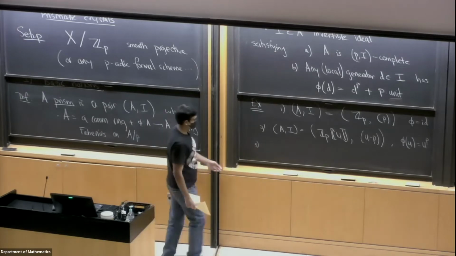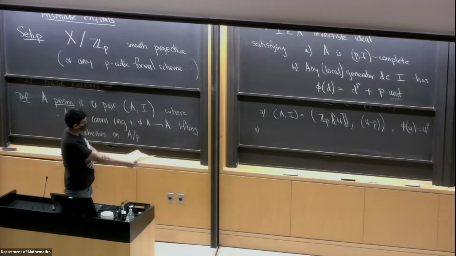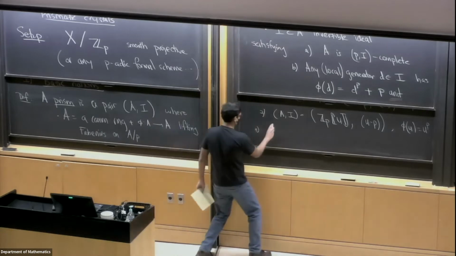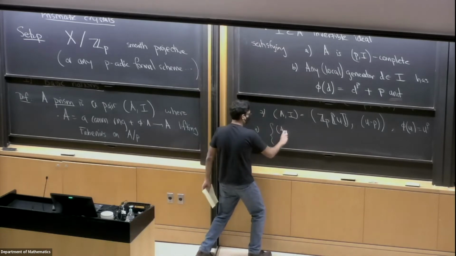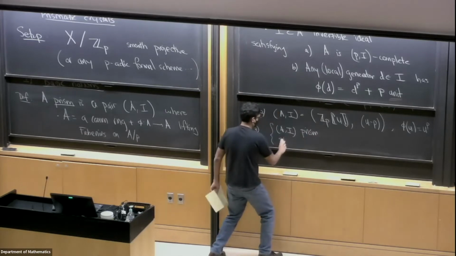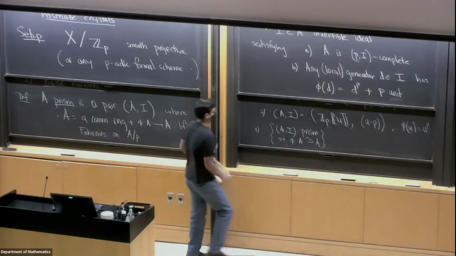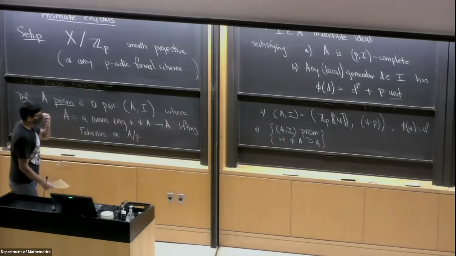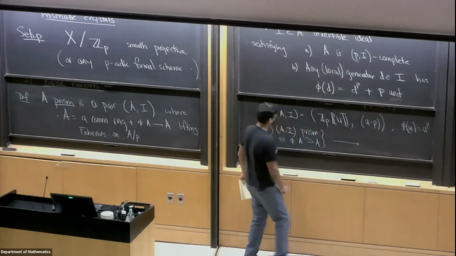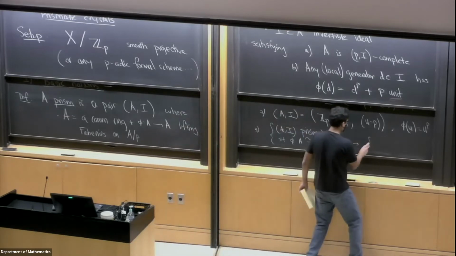And then finally, I just thought I'd mention this because this example was somehow one of the first indications that this was a good definition. And so it's the following idea. If you work with prisms which are called perfect, meaning the Frobenius is actually an isomorphism, this map over here, then it turns out that this is actually a category which has an alternative description in terms of things that were known to be useful in p-adic Hodge theory.